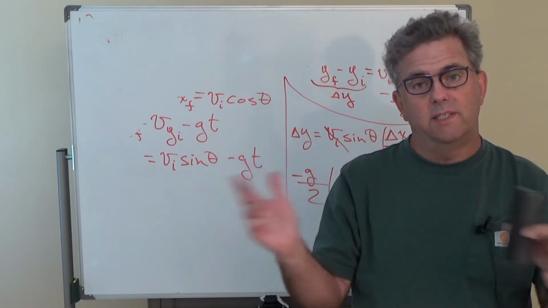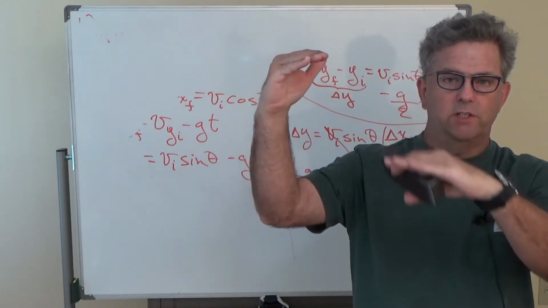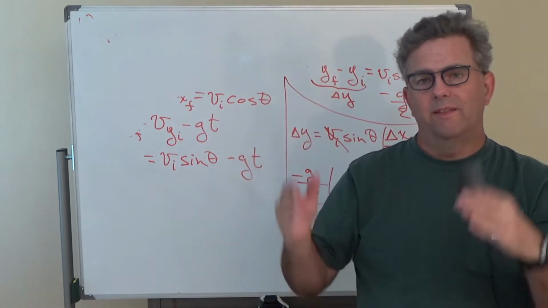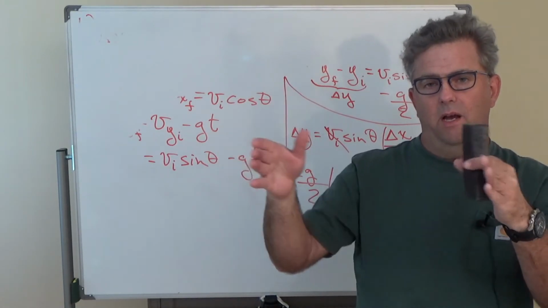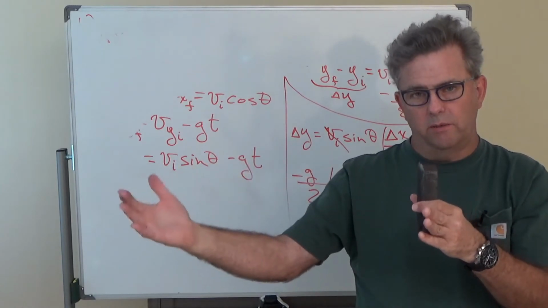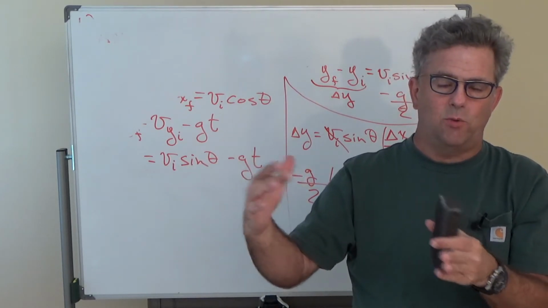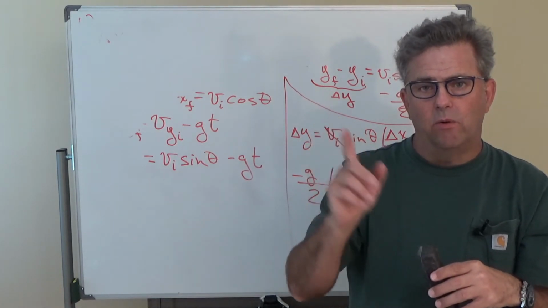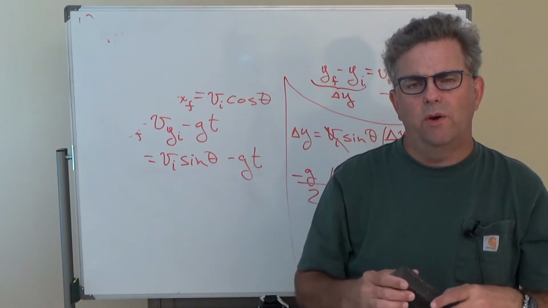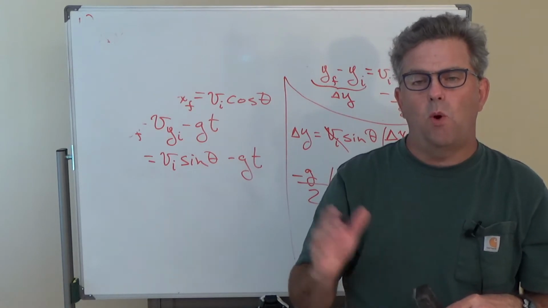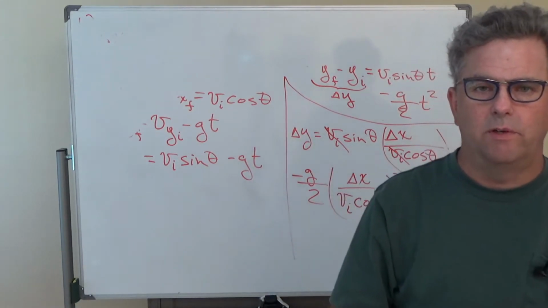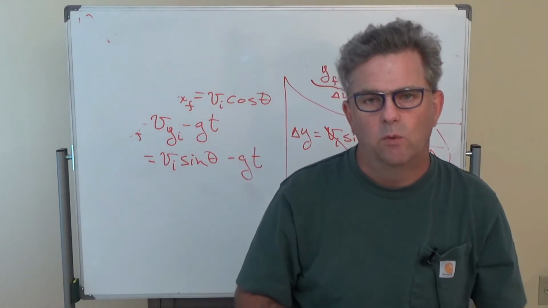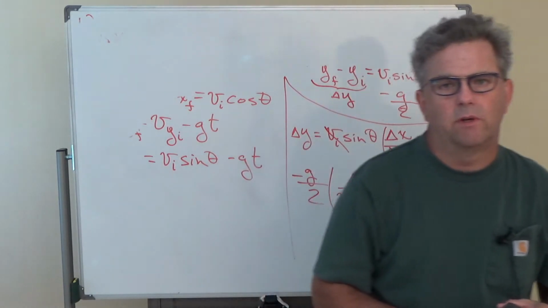All you know are these distances. You know the difference in height in y, and the difference in the starting and ending position in x. That's what I call delta X. That's all you really know, and the angle. So you don't know anything about the initial velocity. That's why in part A you're solving for the initial velocity. Once you have that, you're good.